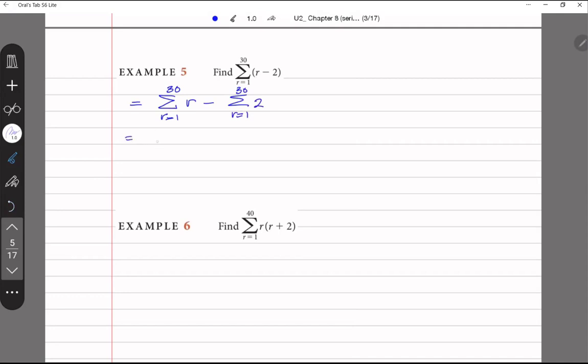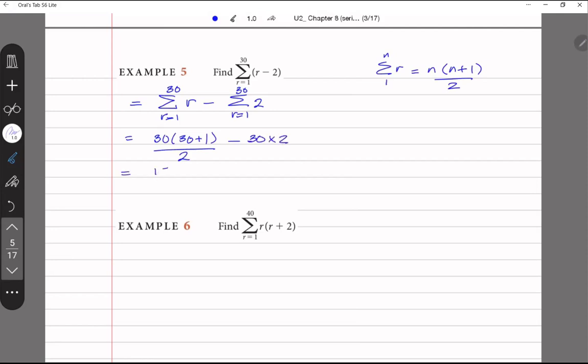Using the formula n into n plus 1 over 2 and replacing n with 30, we get 30 into 30 plus 1 over 2 minus 30 times 2.